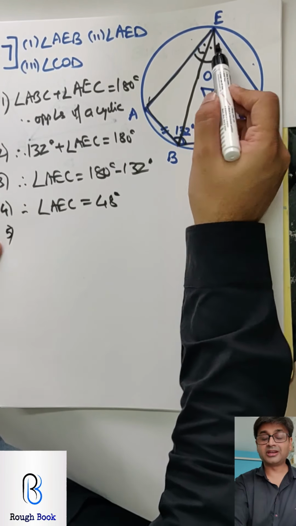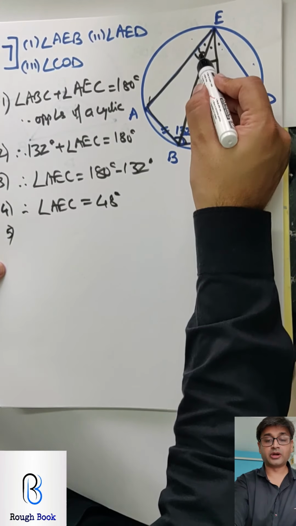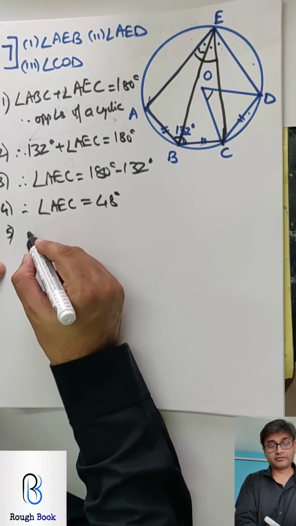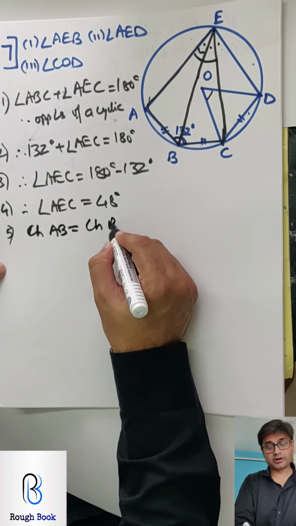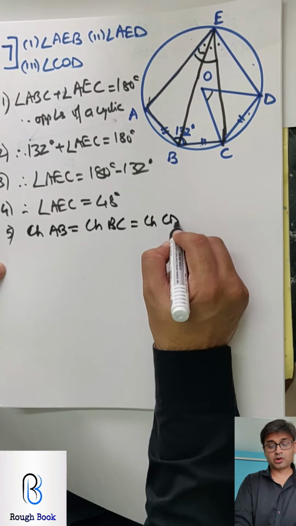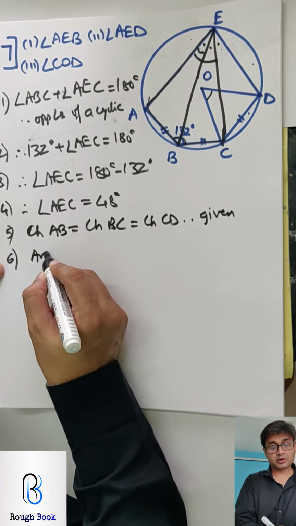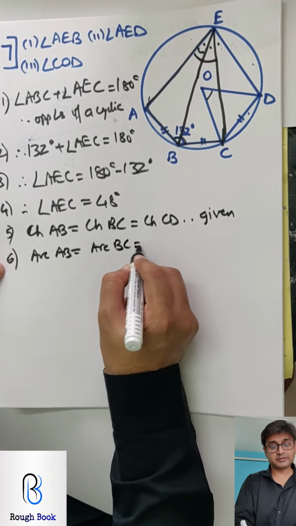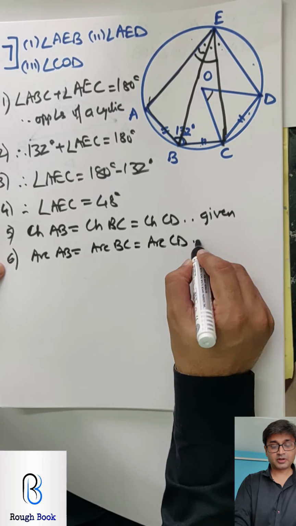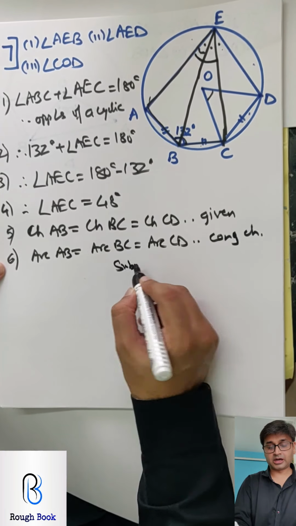Now we will prove all the three angles equal so that we can put half of 48 as 24 over here. Okay. So we will first say chord AB equals chord BC equals chord CD, given. Therefore arcs equal. So arc AB equals arc BC equals arc CD. Congruent chords subtend congruent arcs.